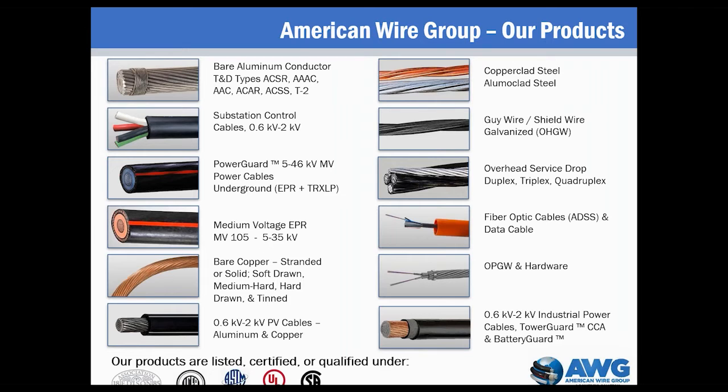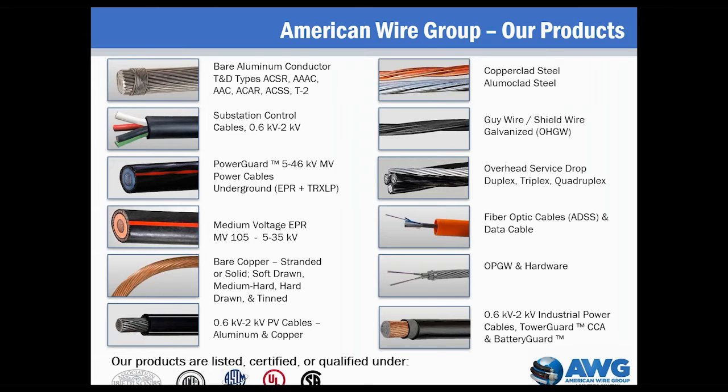Our continually growing range of wire and cable products emphasizes our focus on servicing our customers' needs. We have overhead conductors to cover your overhead transmission and distribution system needs. Our medium voltage power cables are rated 5 kV to 46 kV with fully water block stranded conductors meeting or exceeding industry requirements.